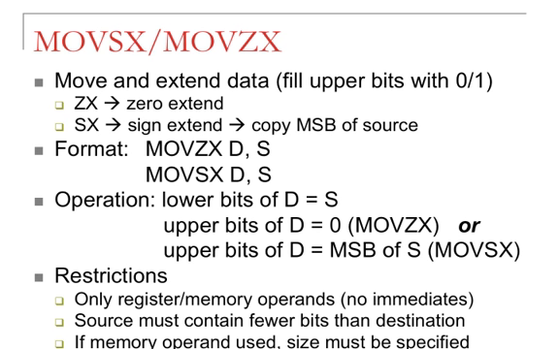The second step is to do the extension on the upper bits of the destination. For MOVZX, that's going to be putting zeros on the upper bits. For MOVSX, that's going to depend on the MSB of the source. Some restrictions: only register and memory operands. No immediate values can be used for either source or destination. The source must contain fewer bits than the destination, and if a memory operand is used, the size must be specified.